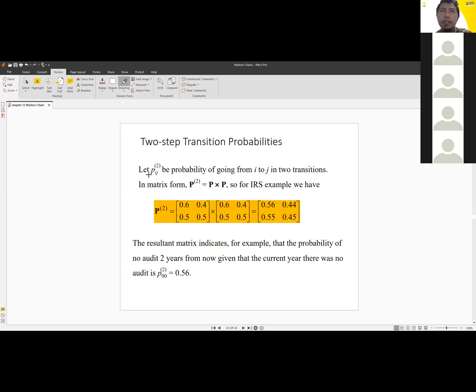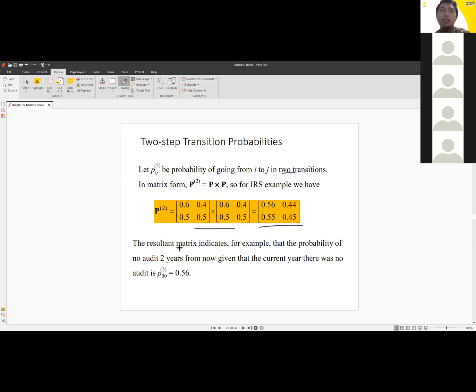Then let the probability of going from i to j in two transitions be considered. Two transitions, mathematically, is simply a multiplication of two matrices. So the result is this.